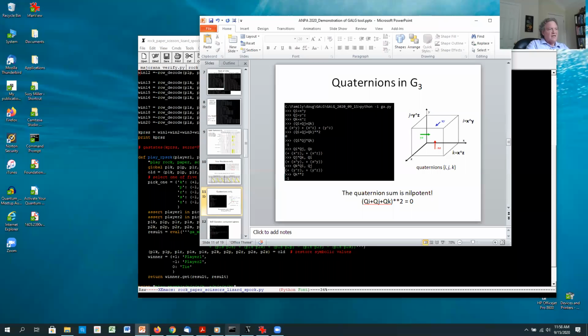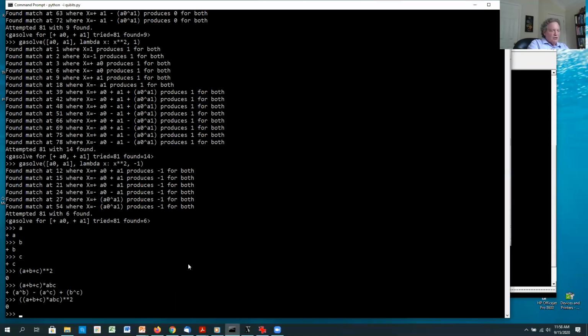Okay, I'm going to go back to that expression here. I'm going to do GA solve, and I'm going to say for terms A, B, and C, this time I'm doing it in 3 dimensions, lambda x, where x squared is equal to 0.